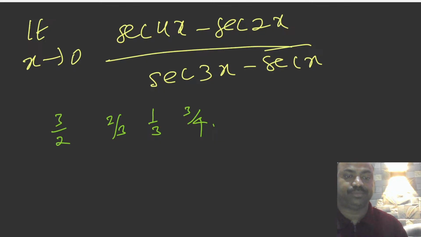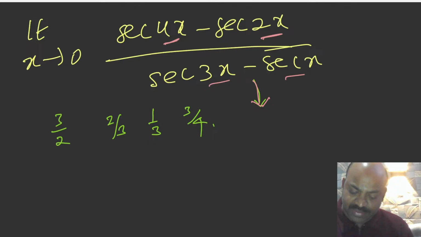Anyone got the answer? It's a direct, straightforward question. The question you can directly do. Look here, what you can do is assume A, B, C, D. So what you'll get? A square, B square, C square, minus D square, coefficients.